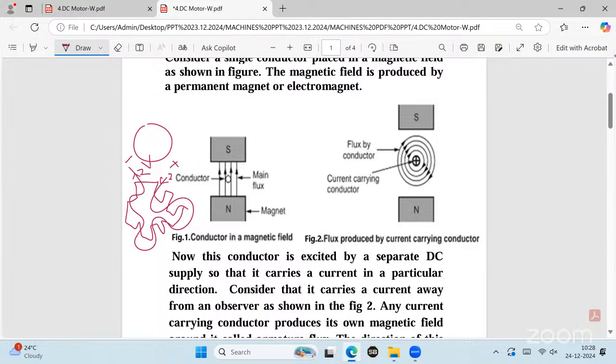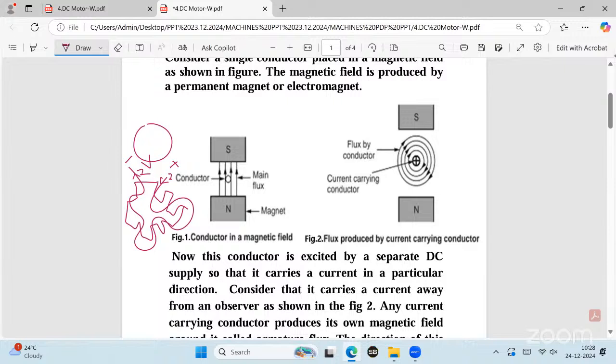We got one more flux called the armature flux, the armature magnetic field. Now two fluxes: main flux and armature flux.